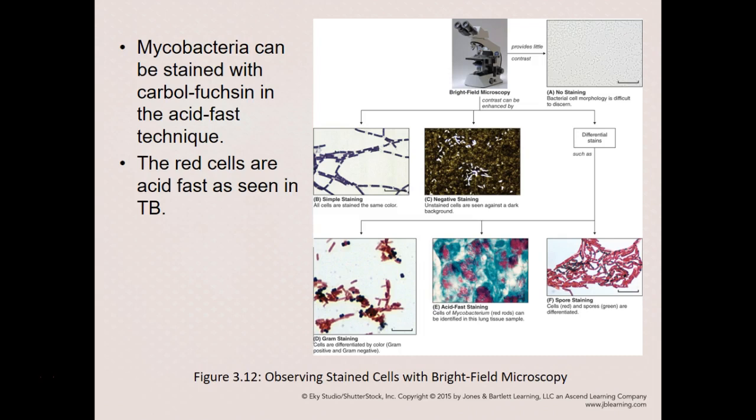We have some very specialized stains that can help us to distinguish specific microbes. So we can use an acid-fast stain, which identifies bacteria under the genus Mycobacterium, because Mycobacterium have an acidic structure called mycolic acid.